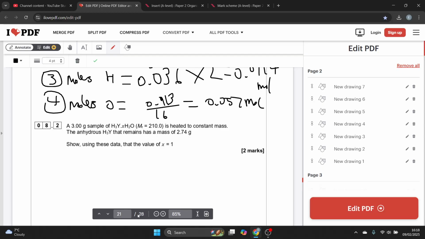A 3.0 gram sample of this is heated to constant mass, and this has a mass of this. Show using this data that the value of x equals 1. So for the 3 gram sample, what I do is find out the moles of H2O. And how do I do that?